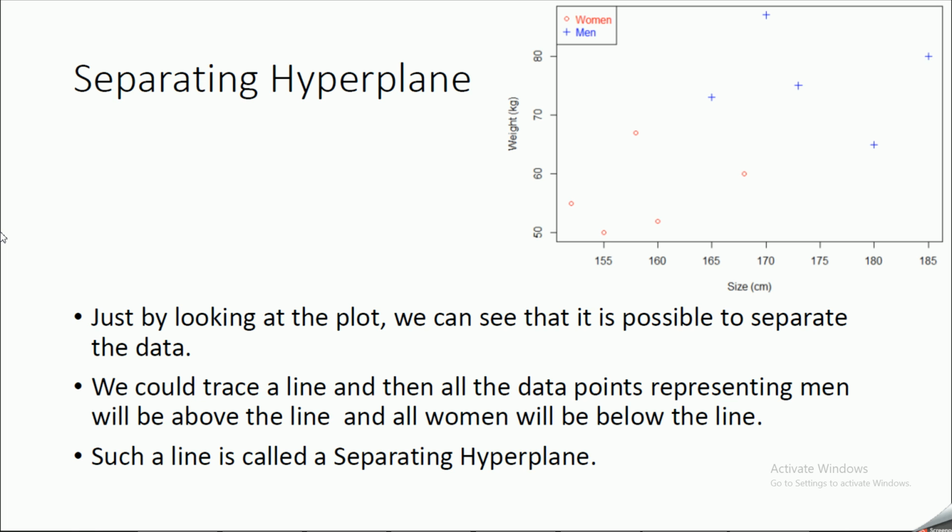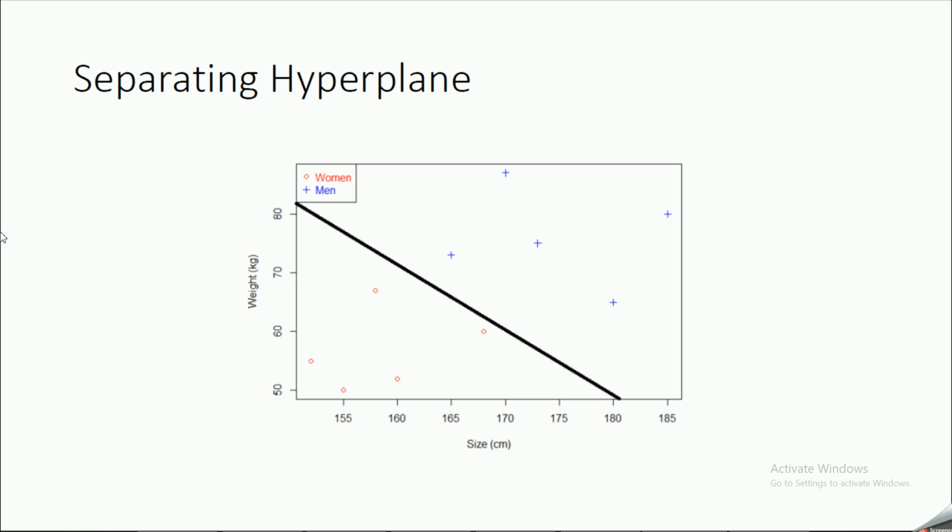Such a line that separates both these data points is called a separating hyperplane. This black line represents your separating hyperplane, sometimes called the decision boundary.